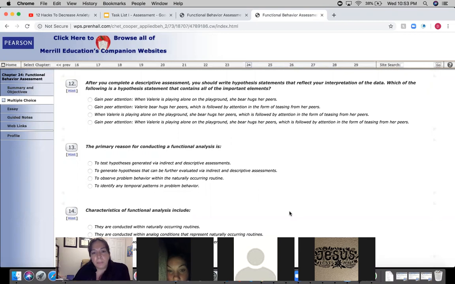Valerie bear hugs her peers, which is followed by attention in the form of teasing from her peers. C, when Valerie is playing alone on the playground, she bear hugs her peers, which is followed by attention in the form of teasing from her peers. Or D, gain peer attention. When Valerie is playing alone on the playground, she bear hugs her peers, which is followed by attention in the form of teasing from her peers.